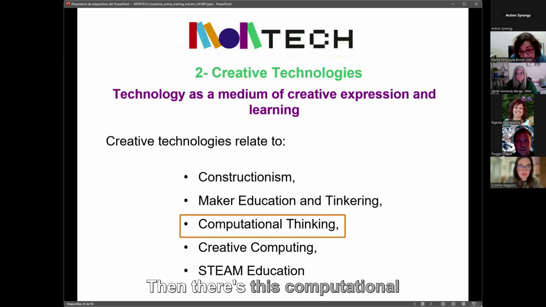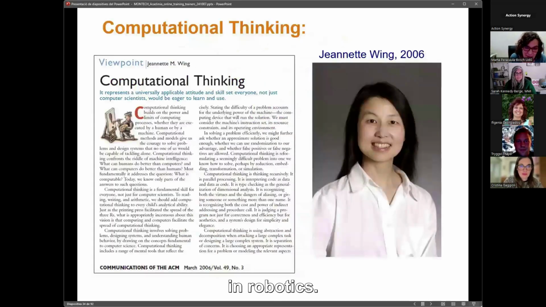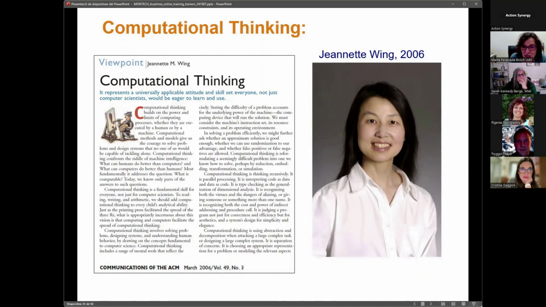Okay, then there's this computational thinking part. It relates a lot also to programming, to Scratch, to robotics. Computational thinking was a concept that was resurfaced in 2006 by Jeanette Wing. She was saying it represents a universally applicable attitude and skill that everyone, not just computer scientists, would be eager to learn and use.